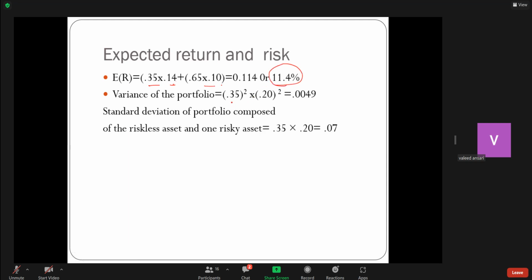The variance of the portfolio will be the proportion invested in the risky asset, 35%, multiplied by the risk of that asset. It will be 0.09. So the standard deviation of a portfolio composed of one risky asset, if you take the square root, will be 0.7, that is 7%.